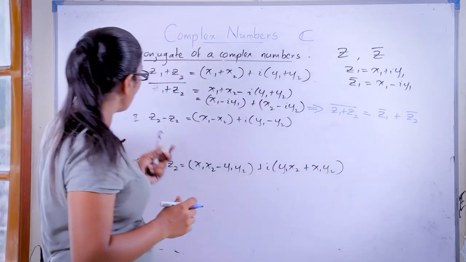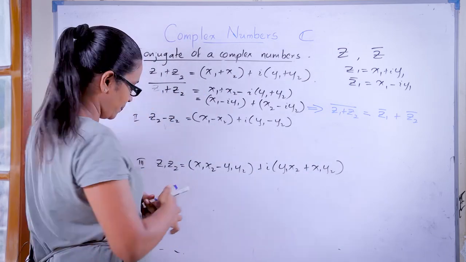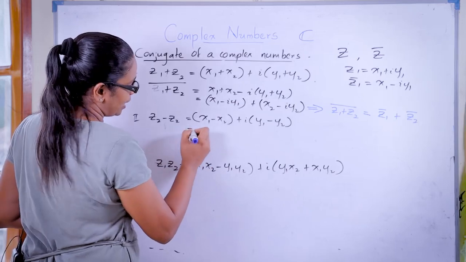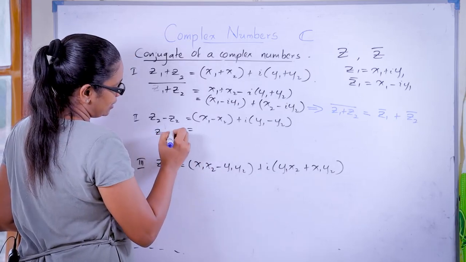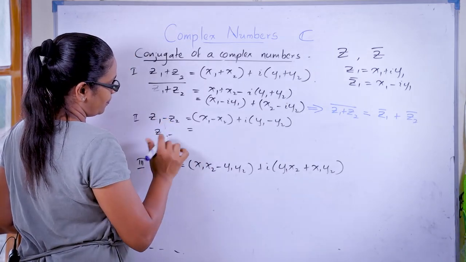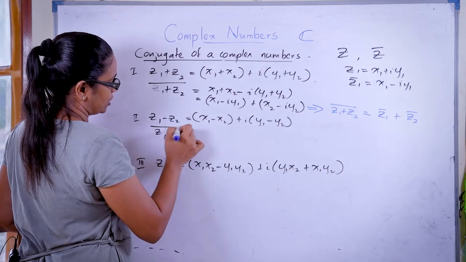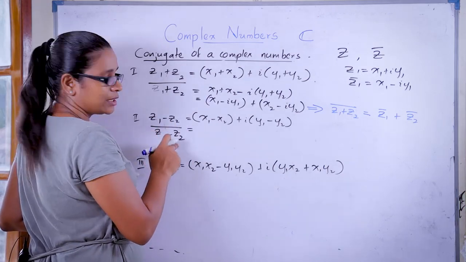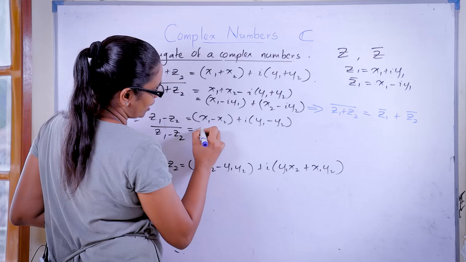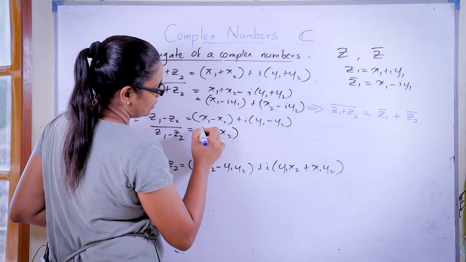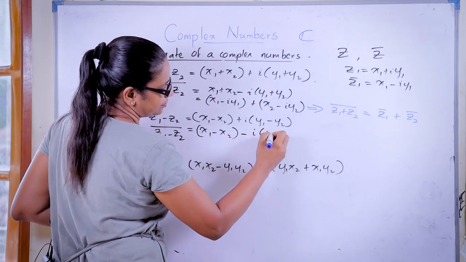Okay, now in the subtraction, let's do the same thing. I'm going to consider, sorry, this is Z1, Z2. Conjugate of Z1 minus Z2. So you can write down this one as minus here.